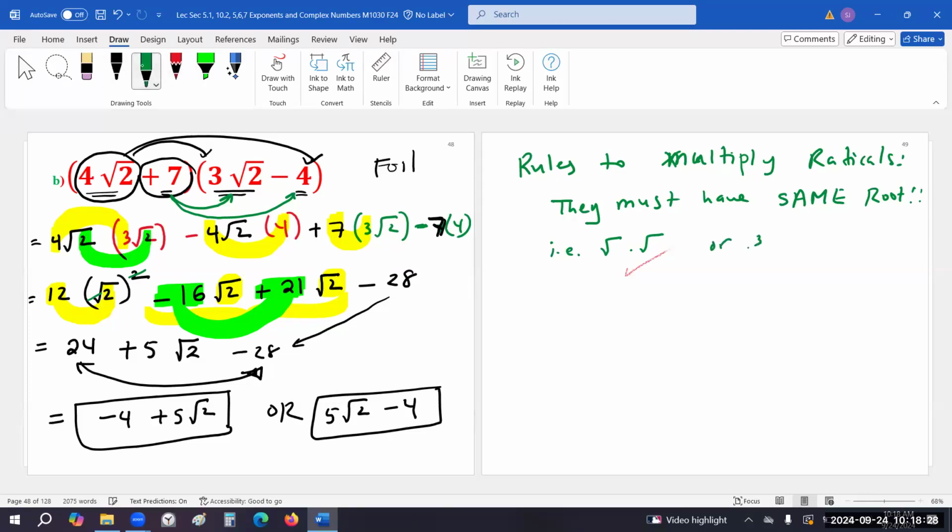Or if you have cube root, you have to have cube root with another cube root. Then you can multiply them. Okay, so that's the rule. You have to have the same type of radical. If you have the same type of radical, then you multiply. If you have the same thing, you use the power, and if they're different, you just multiply the radicals on the inside.